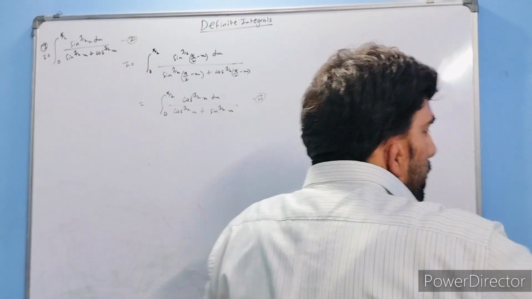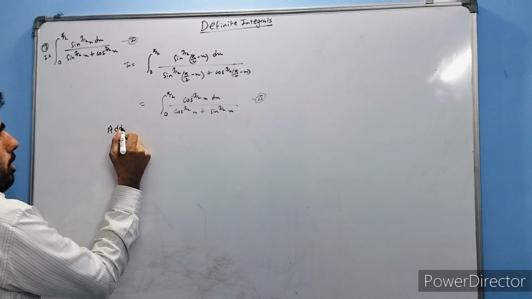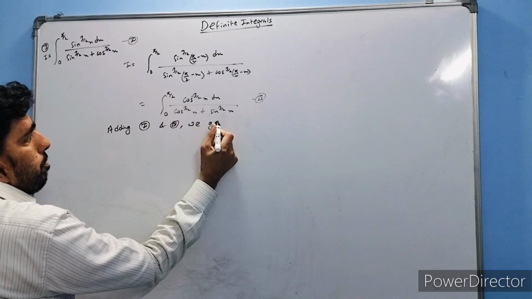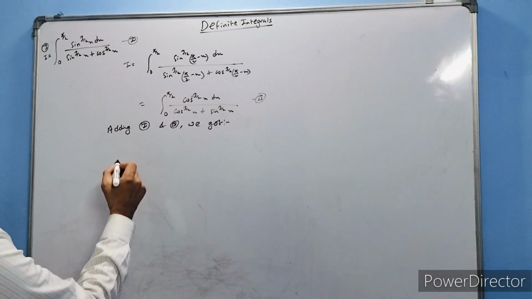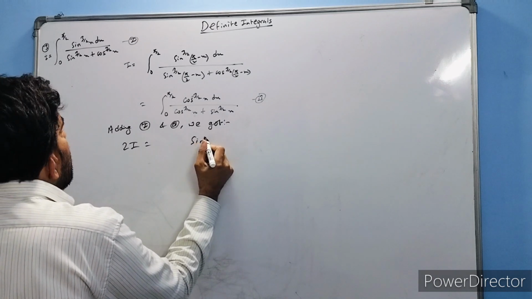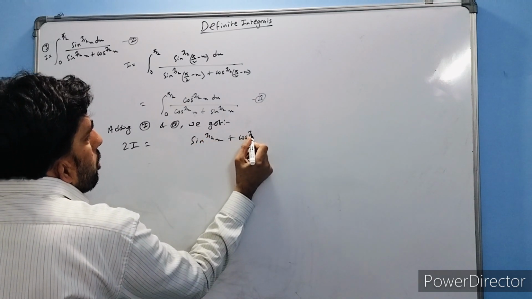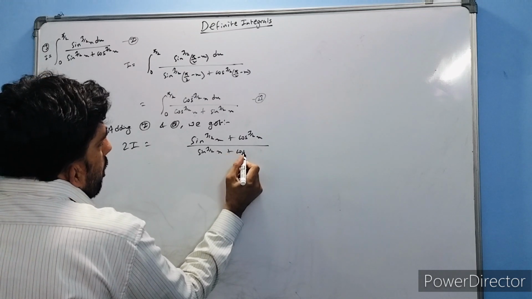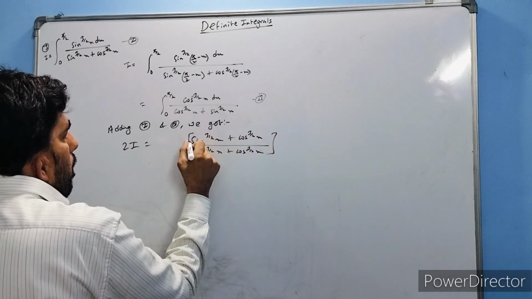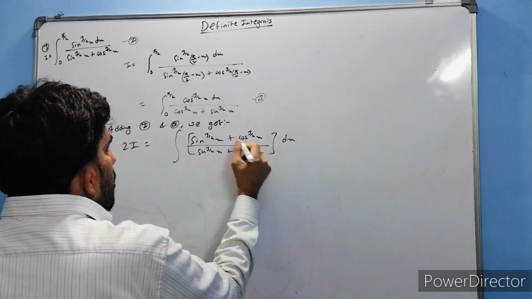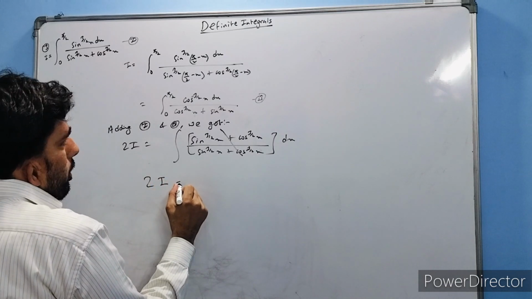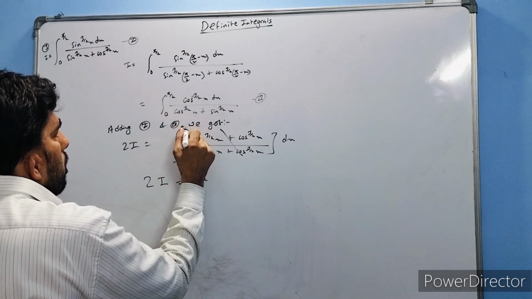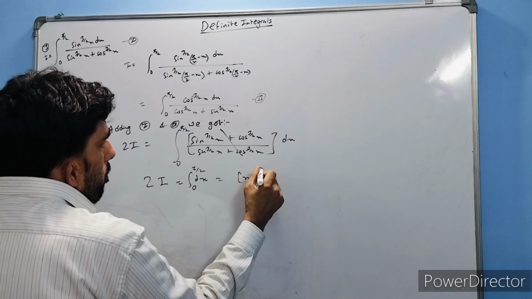Now what we can do is add. Adding first and second, we got 2I is equal to sin^(3/2) x plus cos^(3/2) x upon sin^(3/2) x plus cos^(3/2) x. Using the identity here, 2I is equal to the integral of dx, so I got x from 0 to pi by 2.